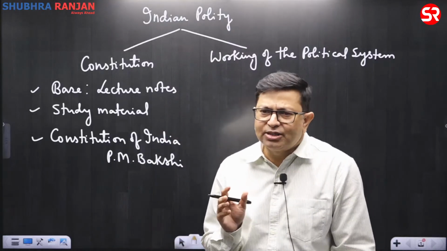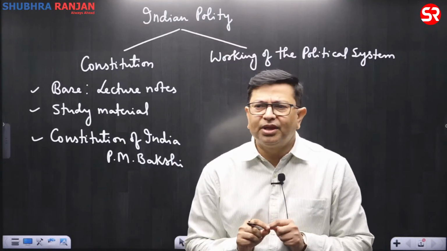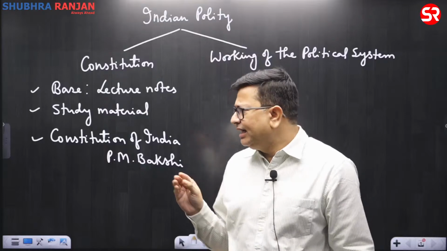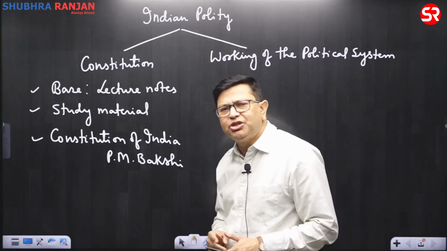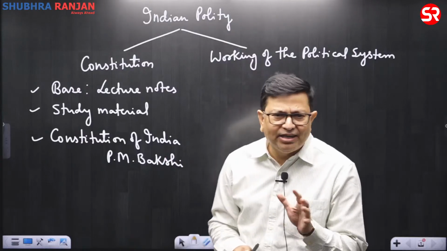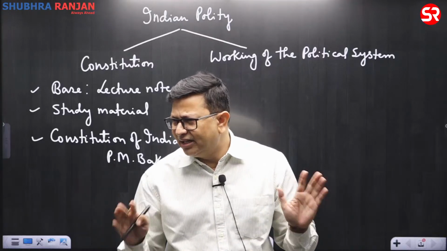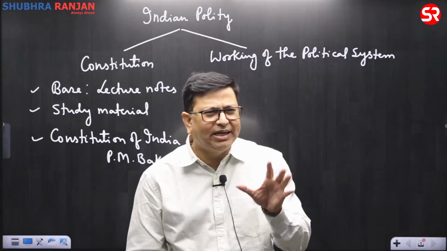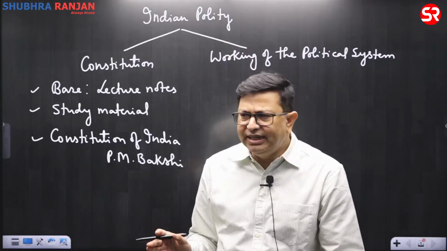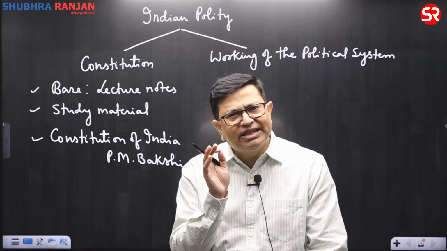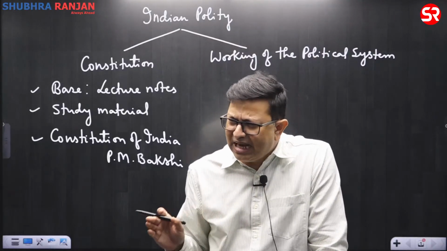PM Bakshi's book has two volumes, one is the smaller volume, the other is the larger volume. And why have I asked you to have a copy of PM Bakshi's Constitution of India? It is not a bare act. Bare act means only the articles are mentioned, one side Hindi, one side English. It's not like that, because the explanations are not there. But in PM Bakshi's book, the articles have been explained with the help of the judgments of the judiciary also.